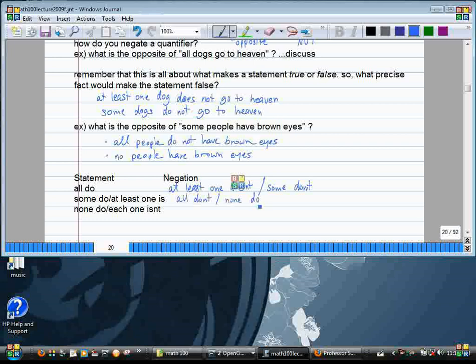Okay. Now if you have none do, what would the opposite of that be? Yeah. Some do, exactly. If someone's making a statement that none do, what would definitely make that false? At least one or some in fact do.